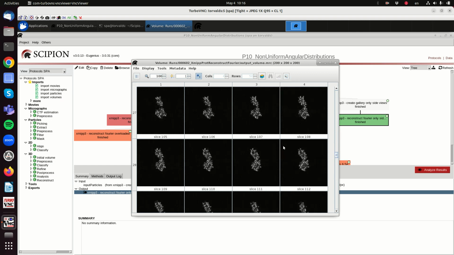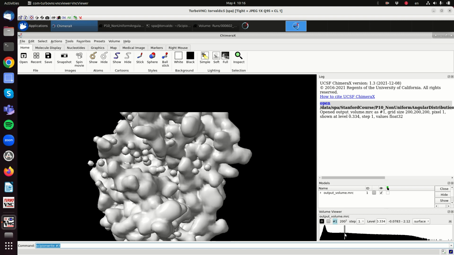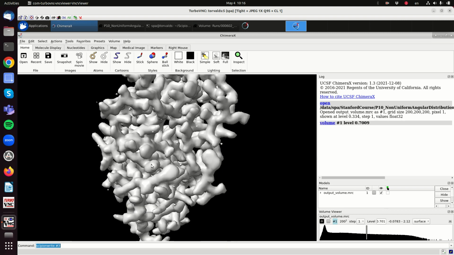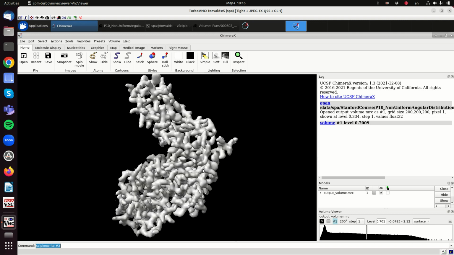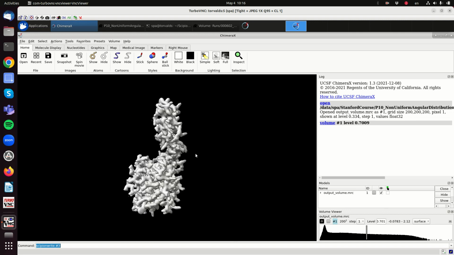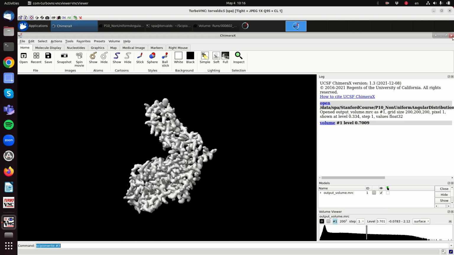We can see it in 3D again. If you think of this process in Fourier space, we have filled the full Fourier space, and we see the same as in the original PDB.